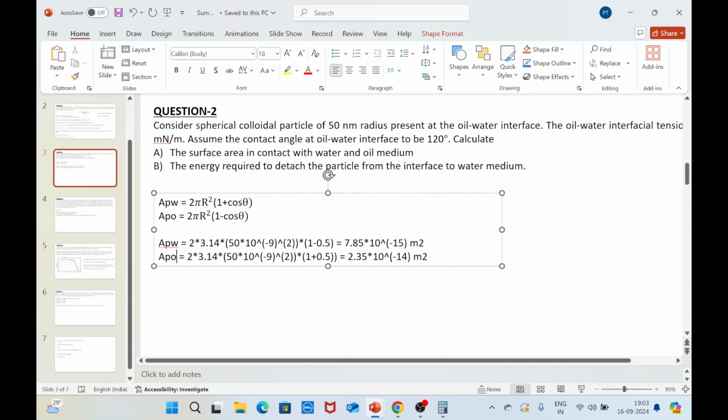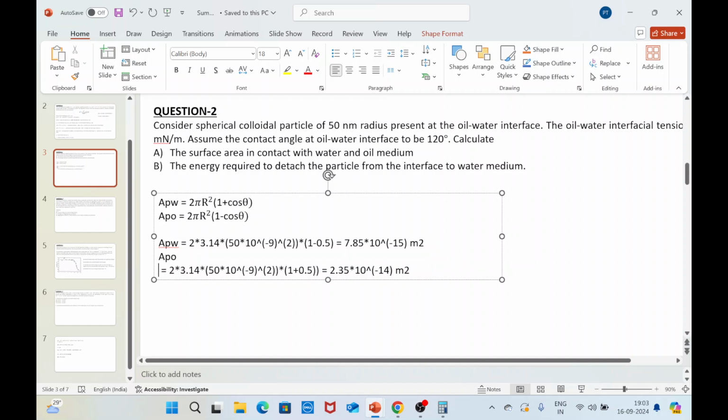Of course, you have one more term which is called AC. So AC is nothing but the area occupied by the particle at the oil water interface when it is attached at the fluid interface. When the particle is going to be at the oil water interface, what is the area occupied by it?